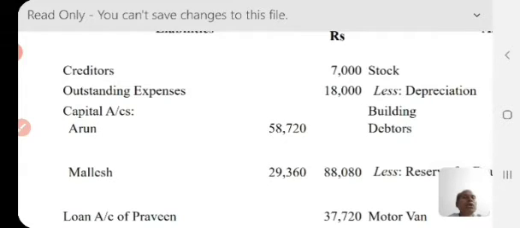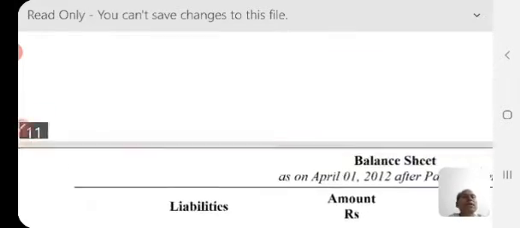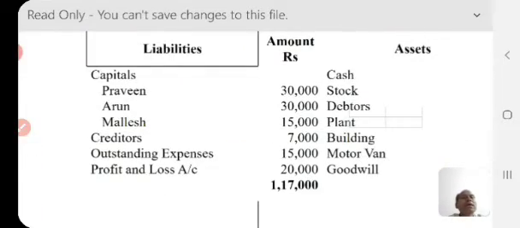Okay. So now creditors, is there any change? Creditors, no change. And outstanding expenses, that is something changed, I think.